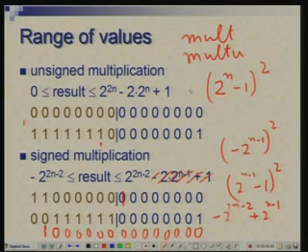So, ranges are different, whereas mult will treat them as signed integers and perform multiplication, get results in this range.